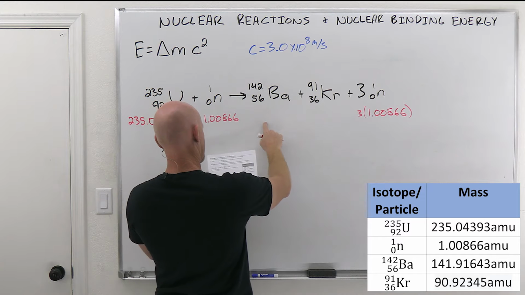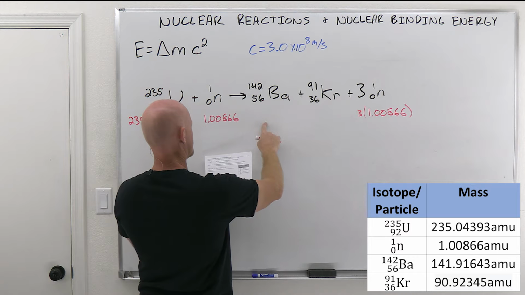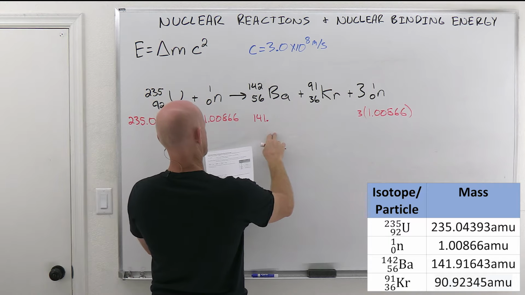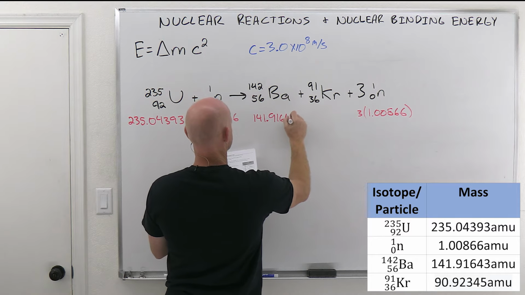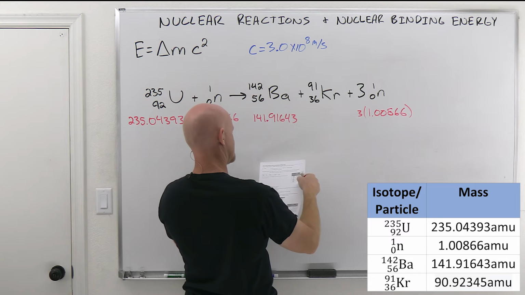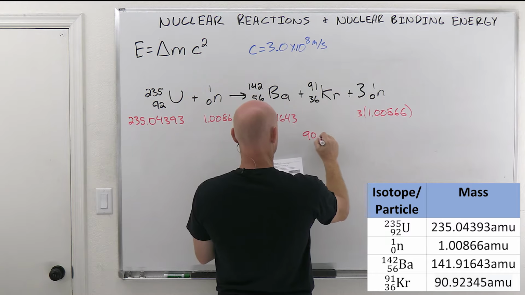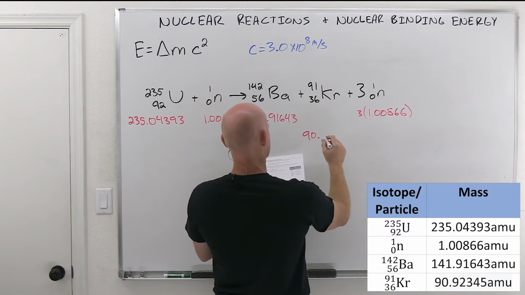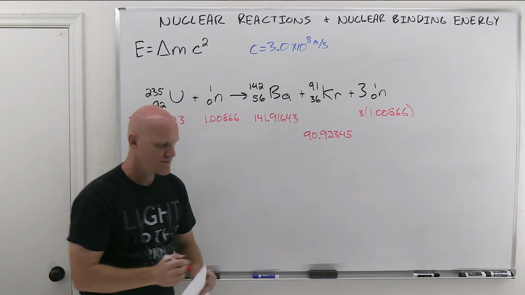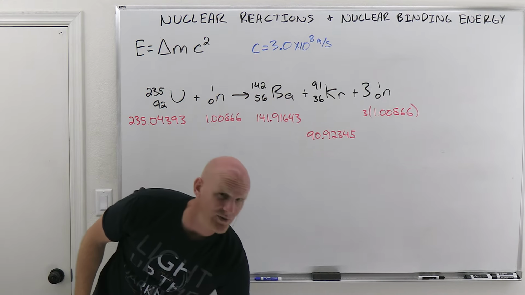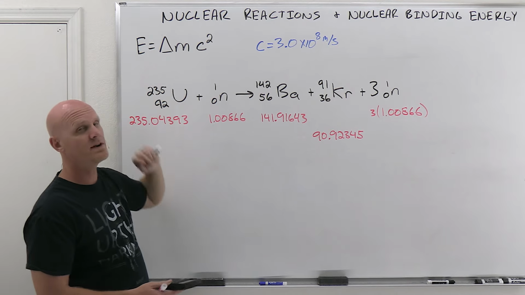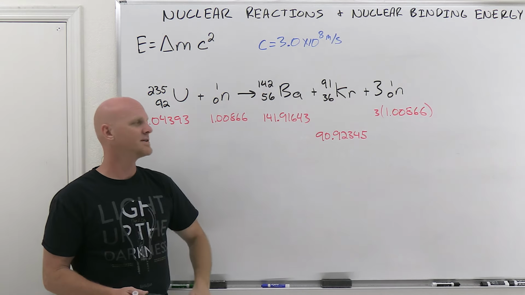We've got barium, given as 141.91643. And finally, krypton-91 is given as 90.92345. Now that we've got these exact masses, we can calculate the difference between the reactants and products to get this mass defect, and then substitute it into the formula after converting it to kilograms, as we'll find out.